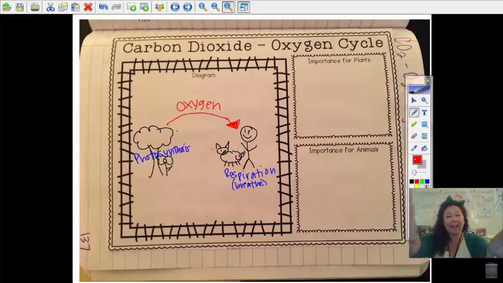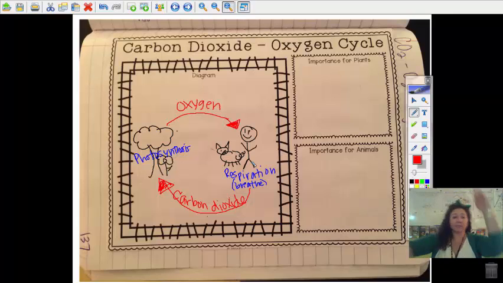When we breathe out, we release a gas into the atmosphere. We release carbon dioxide. So we go through respiration, we release carbon dioxide, and then who's going to use that carbon dioxide? The plants, because the plants need carbon dioxide for photosynthesis. So this is our carbon dioxide oxygen cycle, and it goes around and around.